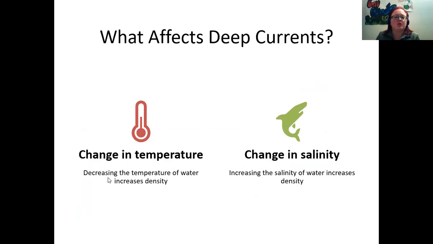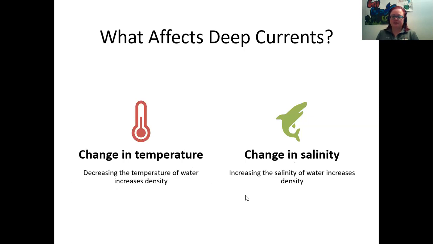Decreasing the temperature of water increases its density. The temperature decreases because the deeper in the ocean the water goes, the colder it gets, because it's not getting heated from the sun. And increasing the salinity of water increases its density.